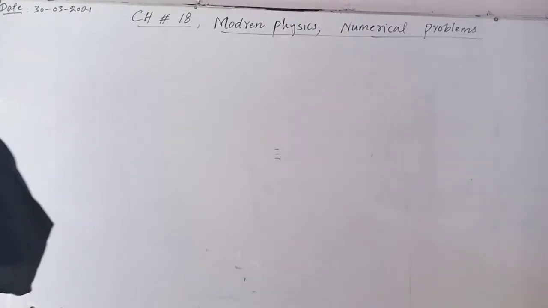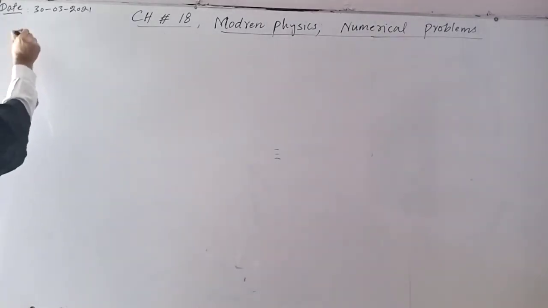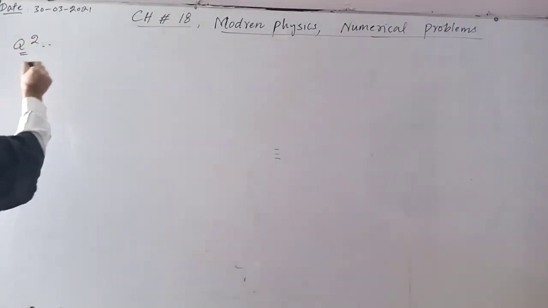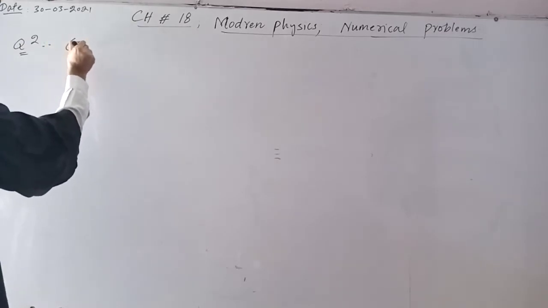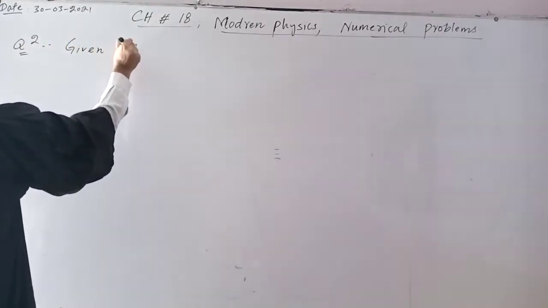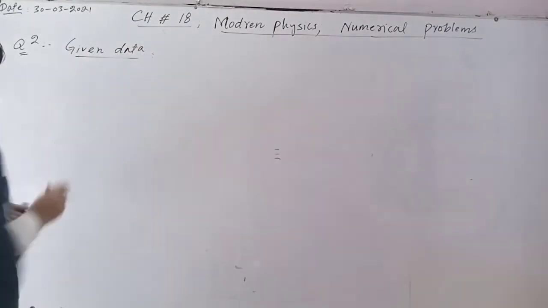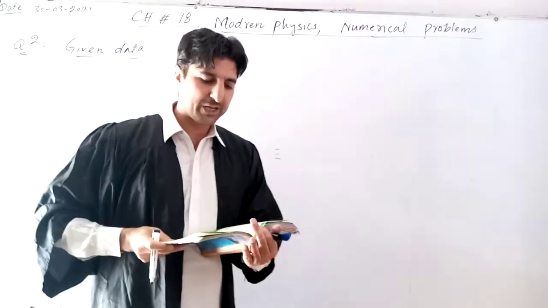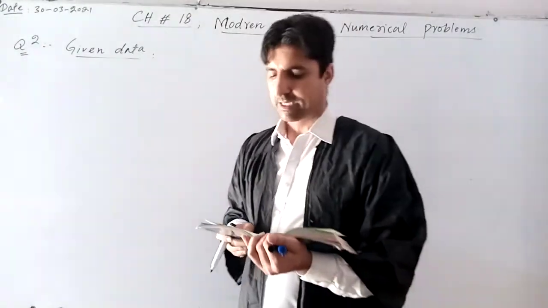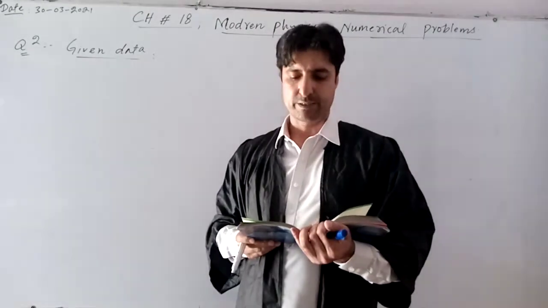Given data: what is given? The time period of a pendulum is made to be 3 seconds in an inertial frame of reference.